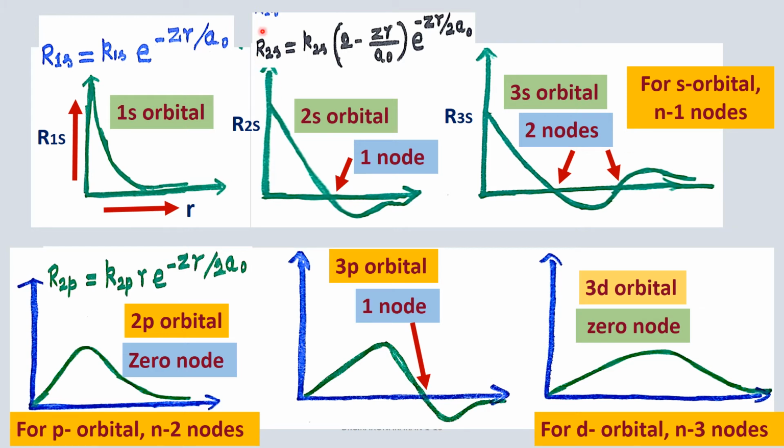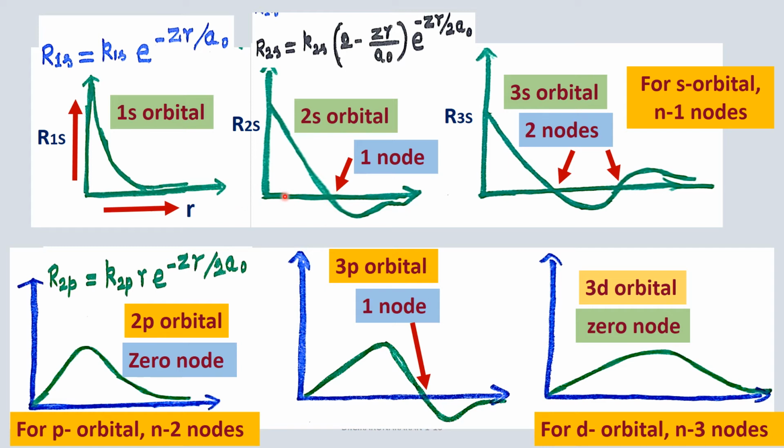What are the important features observed in these curves? For 2s orbital, there is one node, that is R2s equal to 0 at this radial distance r.